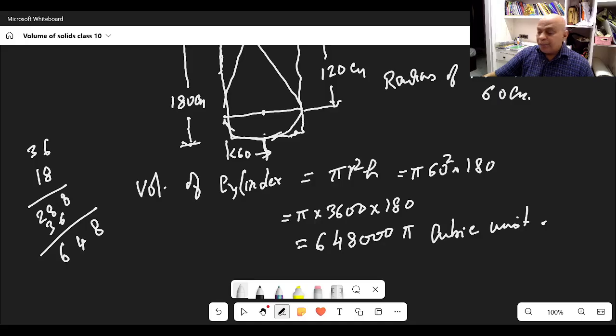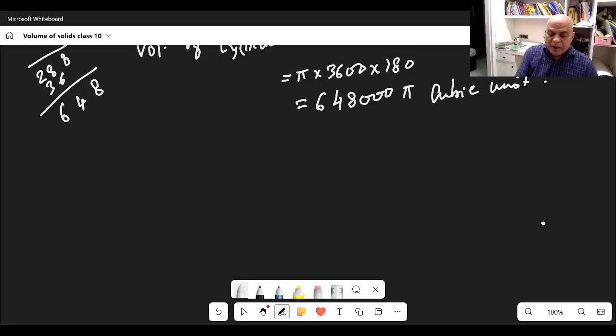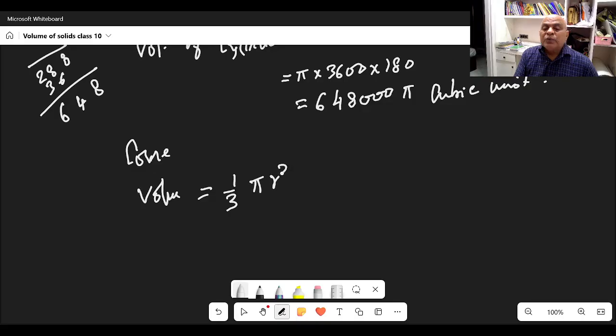Now come to two more volumes we have to calculate. One is of the cone. What is the volume of the cone? The volume of a cone is 1/3 pi r square h. So 1/3 is there, pi is also there, r is again 60 centimeter for all three. So 60 square is 3600 and h is 120 in this case.